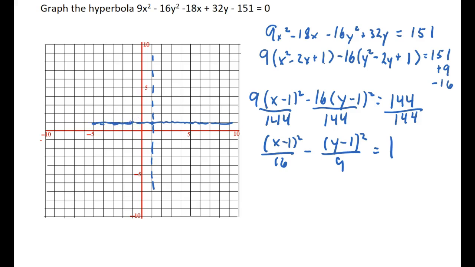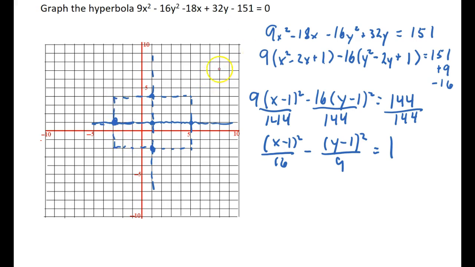Okay, so in the horizontal direction, I'm going to go 4: 1, 2, 3, 4, and 1, 2, 3, 4. In the vertical direction, I'm going to go 3: 1, 2, 3, 1, 2, 3. I'm measuring it from my new center right there. Okay, let's draw in the box that will determine how our asymptotes are going.